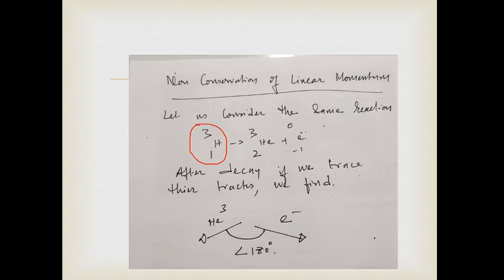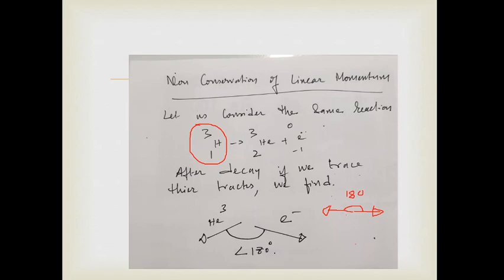What is expected is that they should fly off in opposite directions like this. If the electron is moving in this direction, then the other particle should move exactly in the opposite direction. So this angle should be 180 degrees. Now if you add their momenta, the vector addition of two vectors in opposite directions is 0.